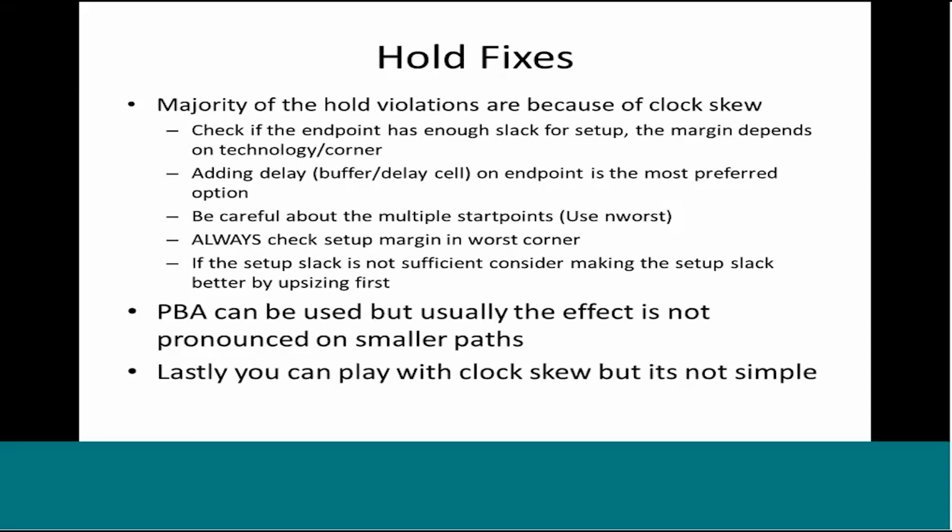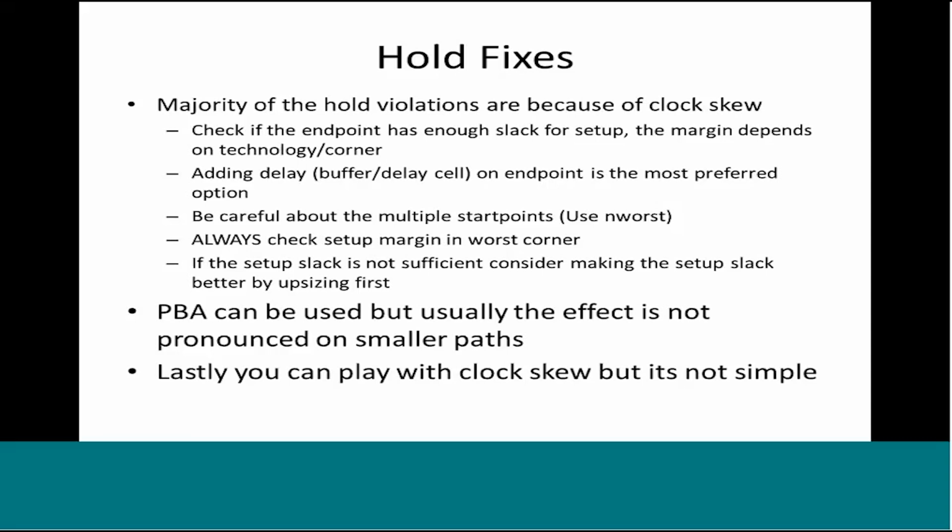So if you add a cell at the endpoint, it is going to affect even the start point with the bad combinational logic. So what you could do is speed up that path. The hold violation might get worse, but by a small amount, and you will get more margin on setup.